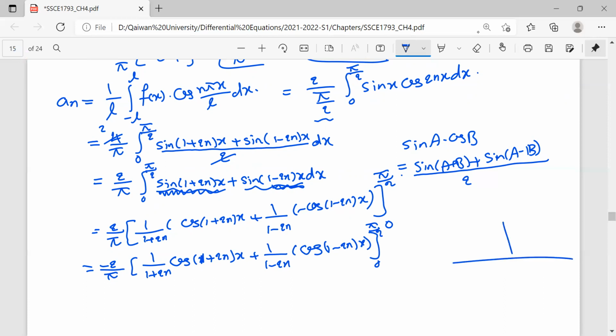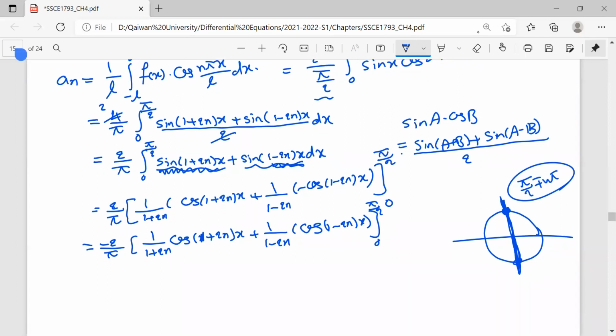But here, you should know that the cosine of the angles on this line is 0, and those angles are pi over 2 plus or minus n pi. Let's first replace x by pi over 2. Cosine of pi over 2 plus or minus n pi is 0.